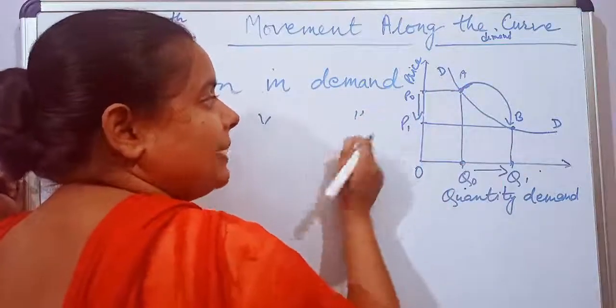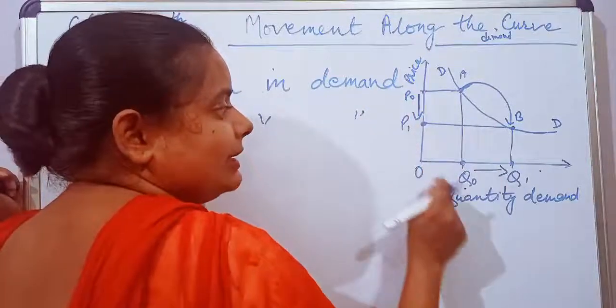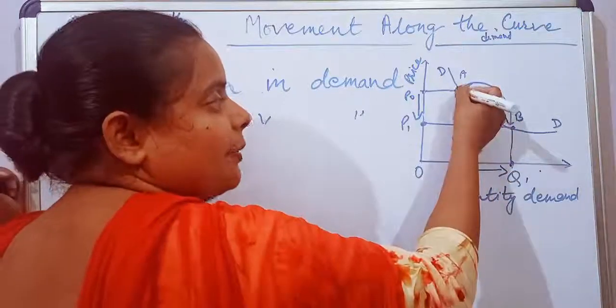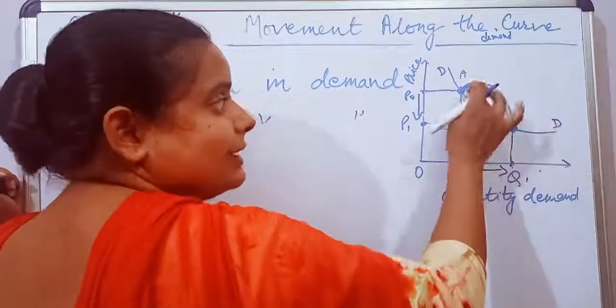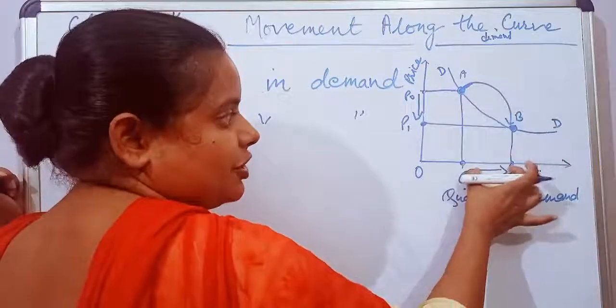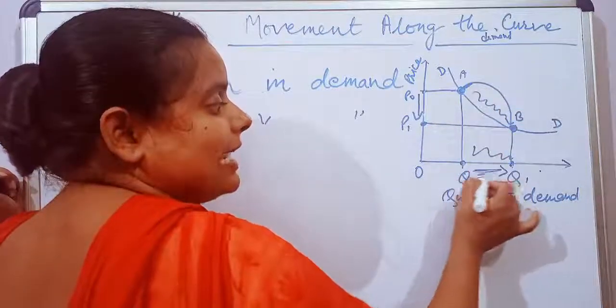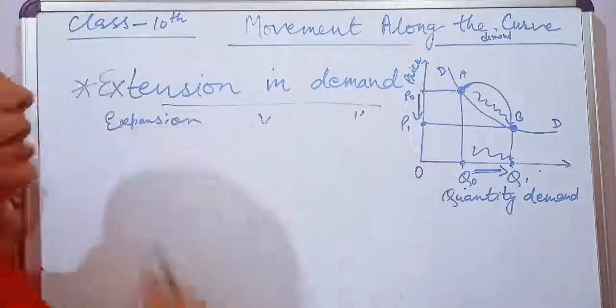But when the price decreases from P0 to P1, the quantity demanded increases from Q0 to Q1. So the first point is A and the second point is B. This much extension of quantity demanded is known as extension in demand.